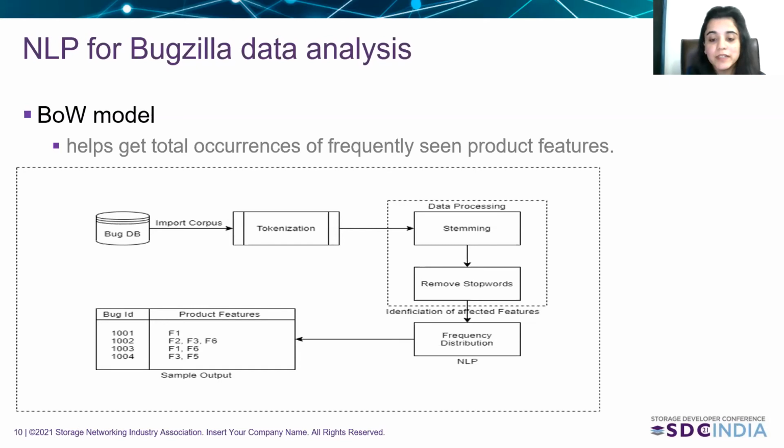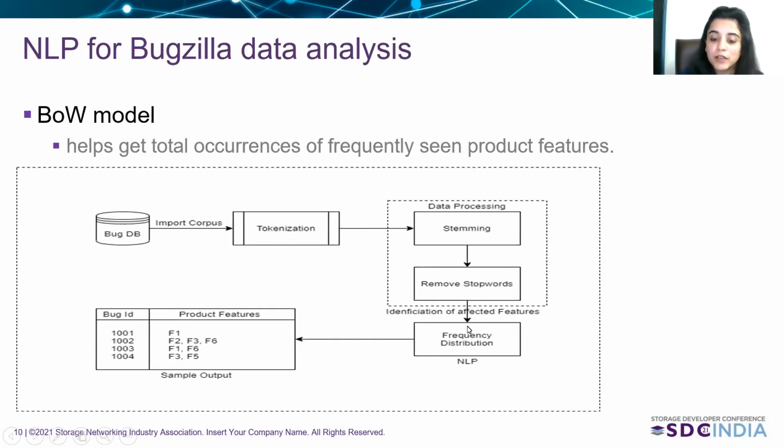After that, we removed punctuation marks, empty spaces, and then we removed stop words. Stop words are general words like is, are, am. We removed all those words, and then we applied pattern matching to fetch the particular features we were looking for in the comments data.